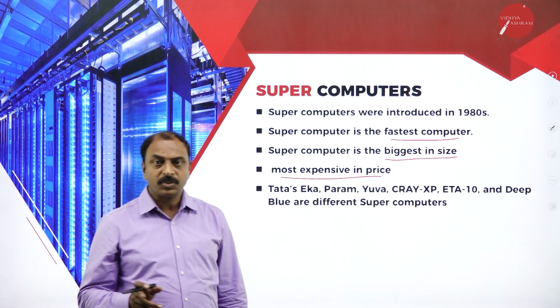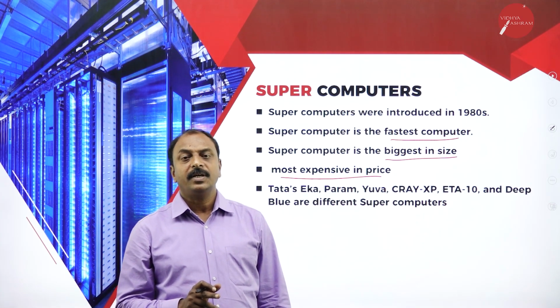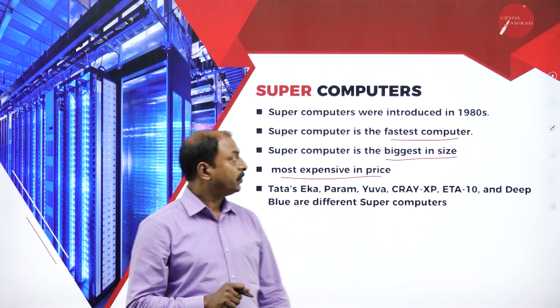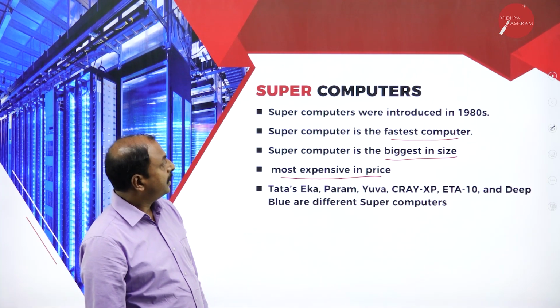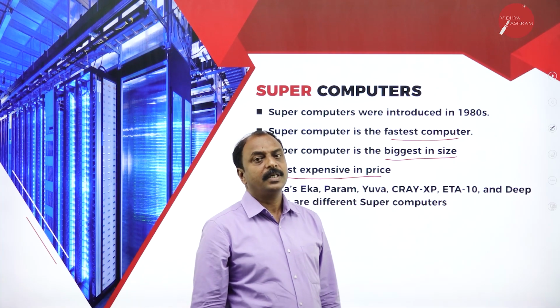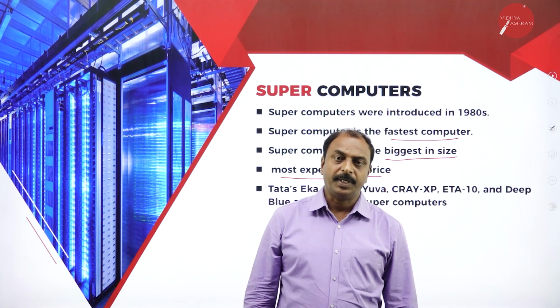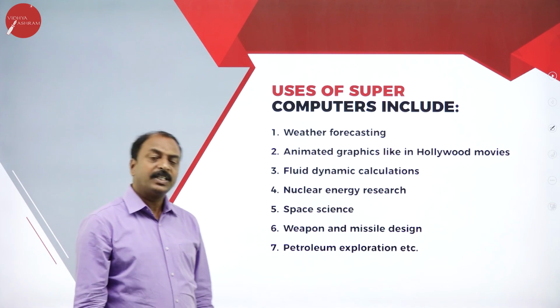Microcomputer is the smallest one, and supercomputer is a very large computer system. So these are the classifications based on configuration, that is, performance, size and speed. Now let us move on to the next concept.